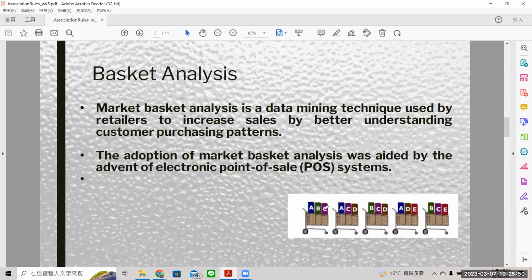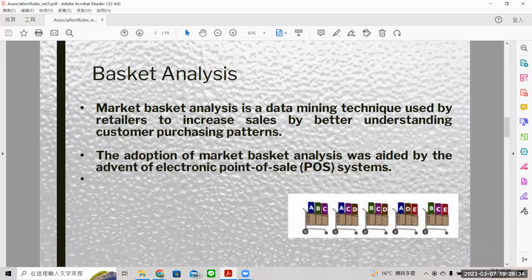The first customer purchased 3 items, for example A, B, C. Please don't mind the real names of A, B, C, because when this data is transferred into big data analysis, you just see numbers, or maybe just strings in a program. So we don't care about the actual names. The first customer purchased item A, item B, and item C. The second purchased A, C, D. The third purchased B, C, D, for example.